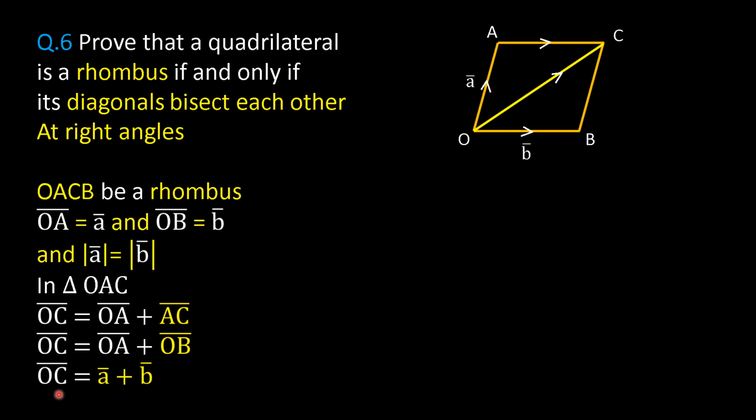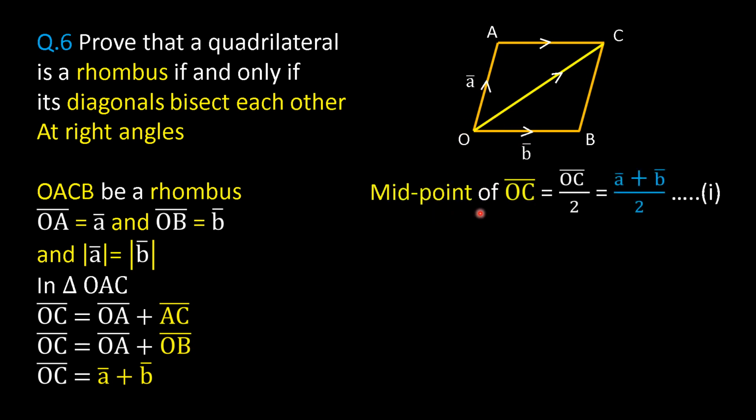It will be OC bar equals A bar plus B bar. Now midpoint of OC bar will be OC bar by 2, which will be A bar plus B bar by 2. We name this equation 1 and we show it here.